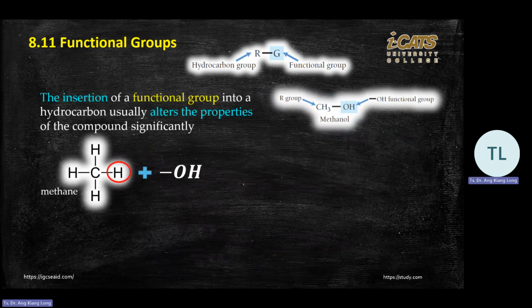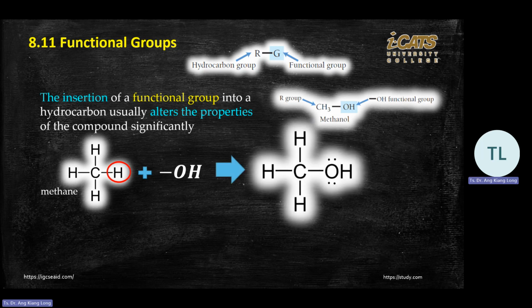So you take methane, remove the H and combine with OH, it will become this structure. C and OH with additional electron valence outside. So you know that if there's an electron valence outside, you will change the shape of the molecule already.